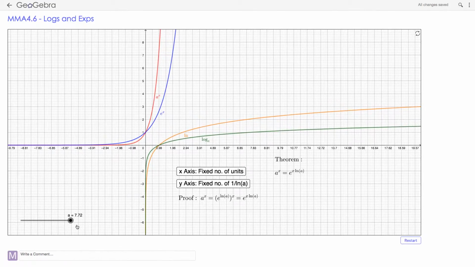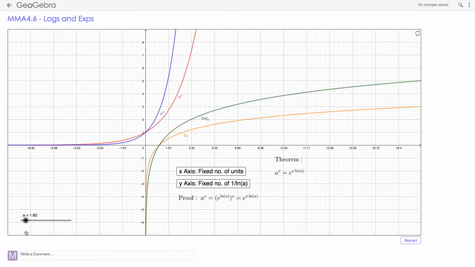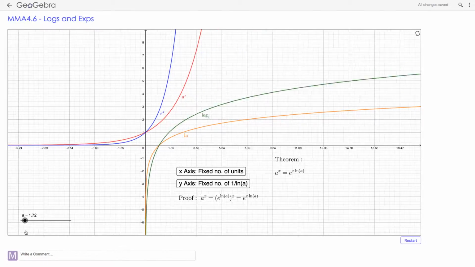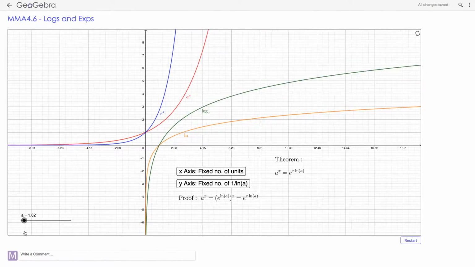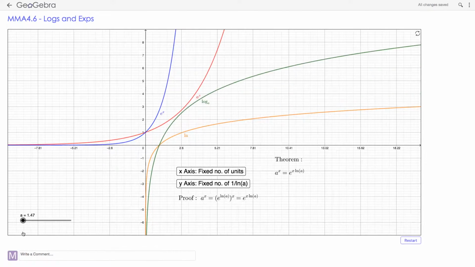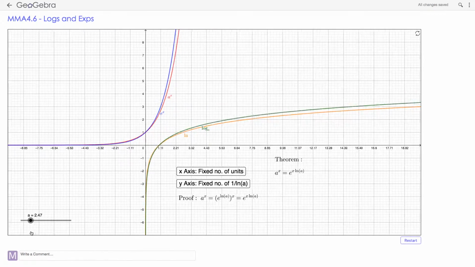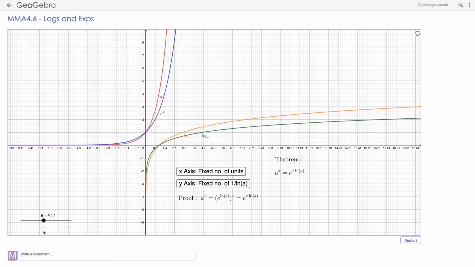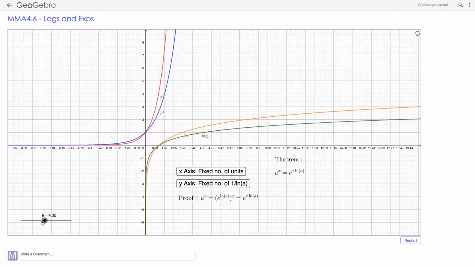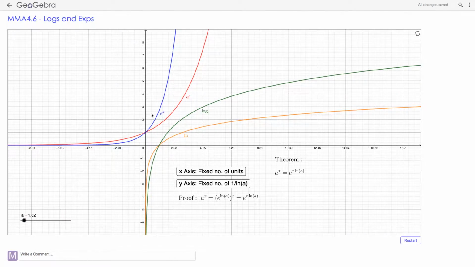But you also see that some things are fixed, right? I mean, at least visually, you can see that these two functions stay at the same place.